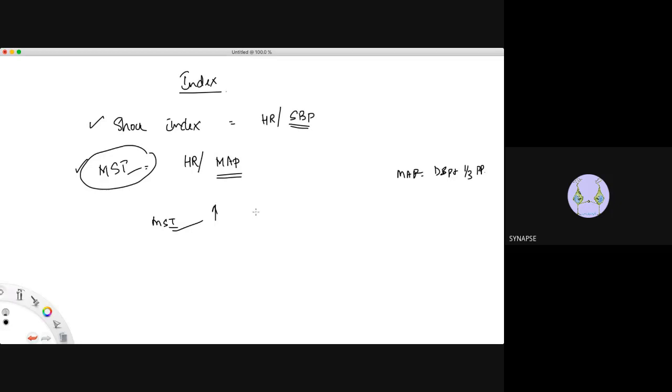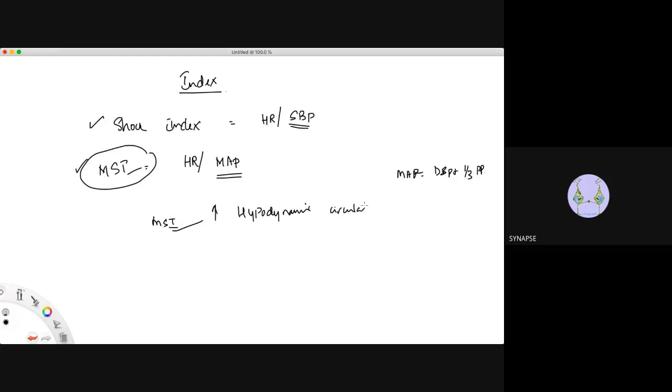It's bad. Your BP is less, and there's tachycardia. That means your body is going for the uncompensated phase. So it is bad for the patient, and it is a hypodynamic circulation.